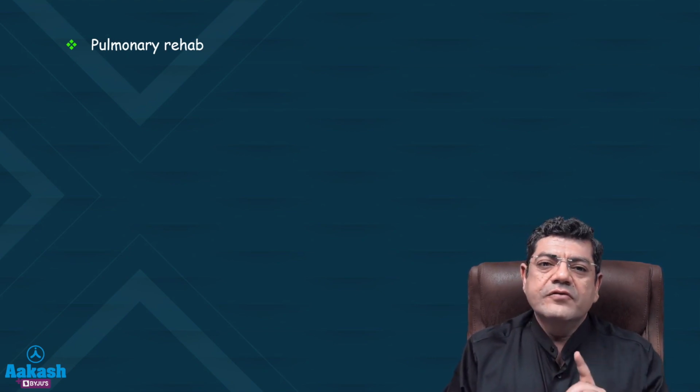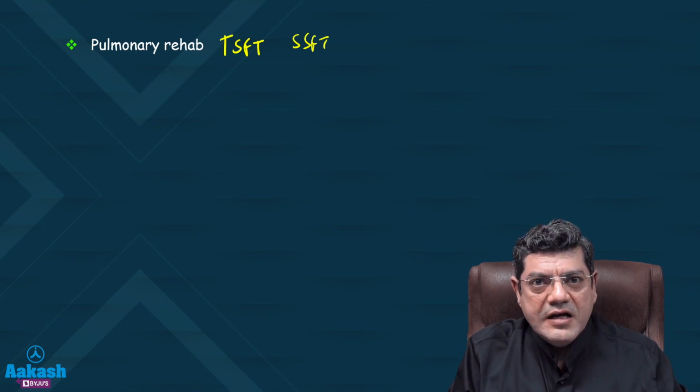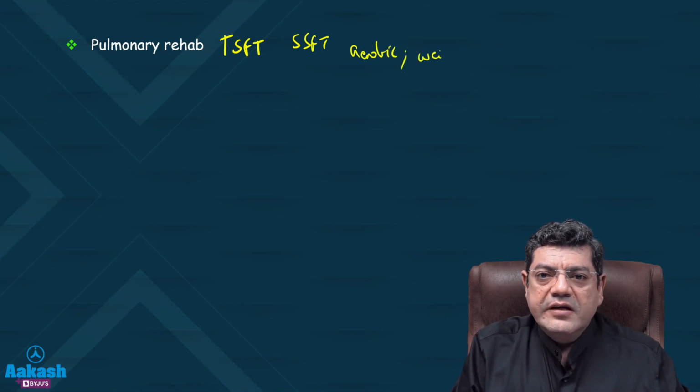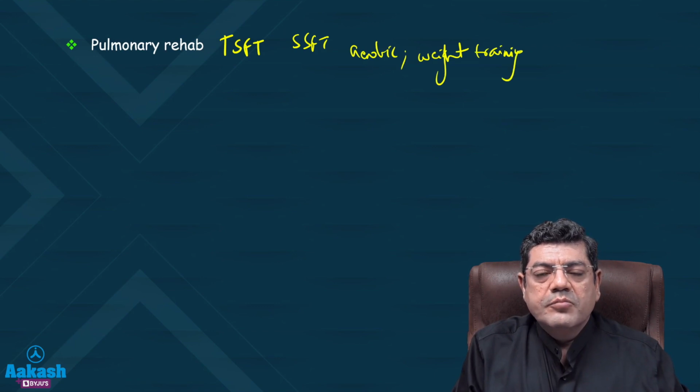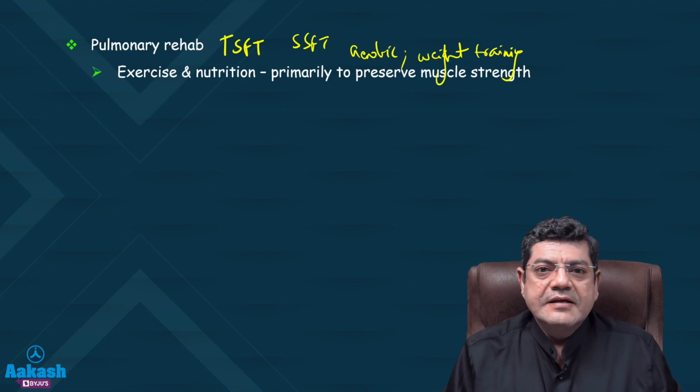So that's why we had discussed triceps skin fold thickness assessment, scapular skin fold thickness assessment, asking them to do some aerobic and weight training exercises to improve muscle performance and muscle bulk, right?